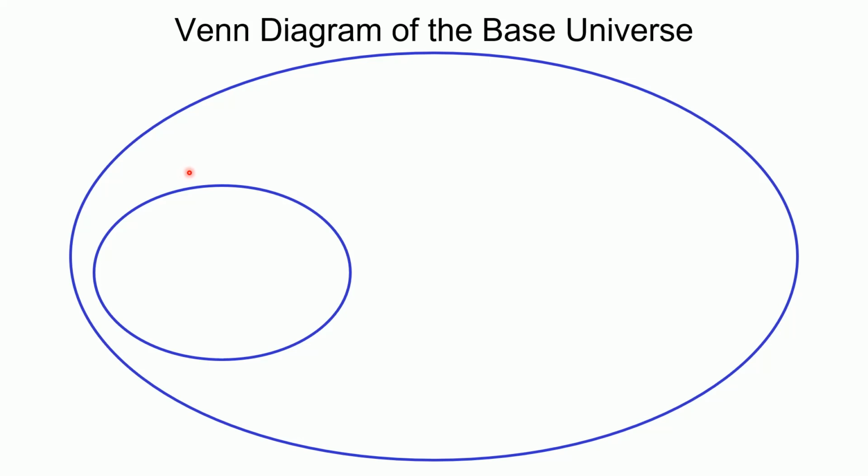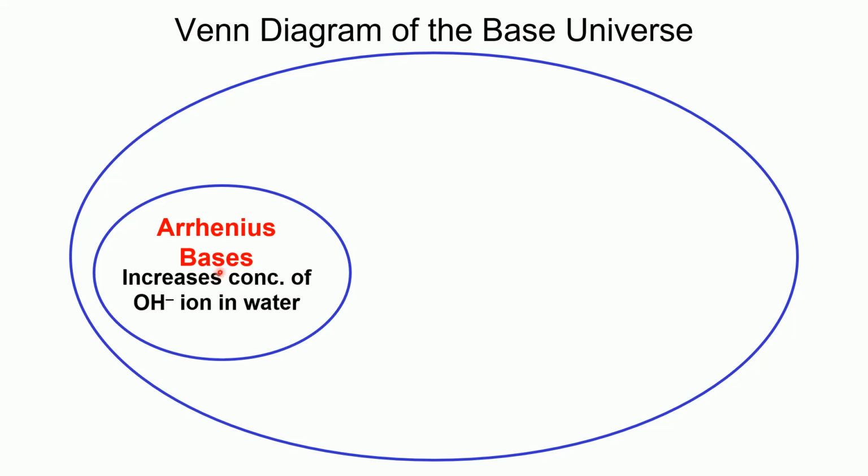Within this, there is a subset of bases that we call Arrhenius bases. If you remember, Arrhenius acids were things that when we put them into water, they increase the concentration of the hydrogen ion. Well, Arrhenius bases, when we put them into water, they will increase the concentration of hydroxide ion.